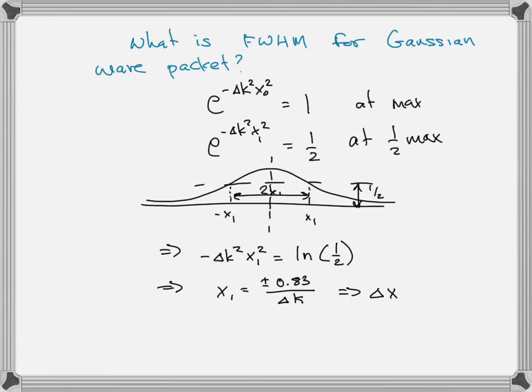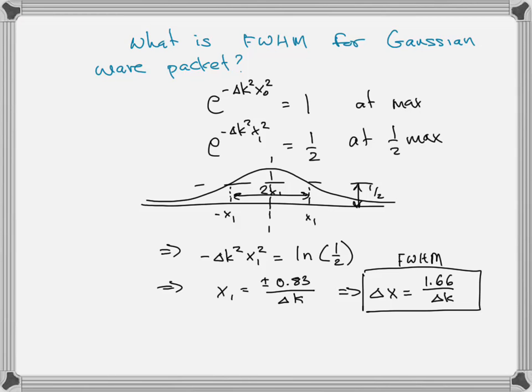Therefore delta x, the full width at half max, is 2 times that, so it's 1.66 over delta k. It's not plus or minus now, because x1 was plus or minus, and that's what gave us delta x is 1.66 over delta k. So this is the full width at half max.